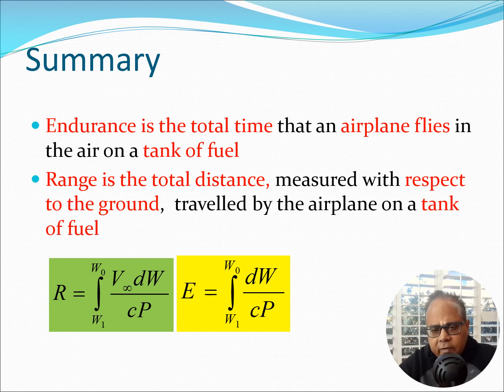Finally, to summarize this very important concept, we see that endurance is the total time that an airplane flies in air on a tank of fuel, and range is the total distance measured with respect to the ground traveled by the airplane on a tank of fuel.